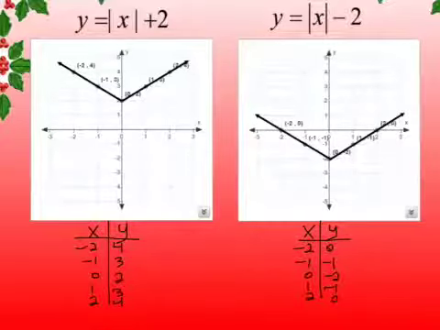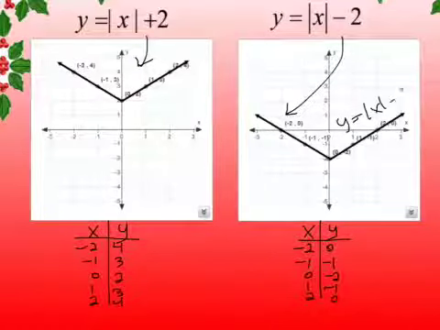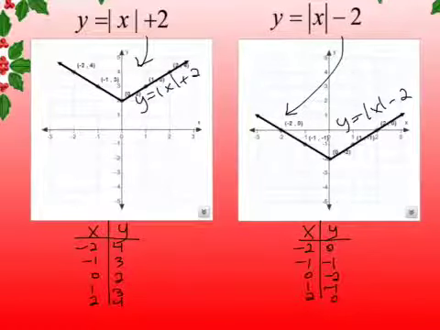I need to label with my equation both of these. So y equals the absolute value of x minus 2, y equals the absolute value of x plus 2, and make sure that you have an interval on both graphs, arrows, label your axes on both graphs.